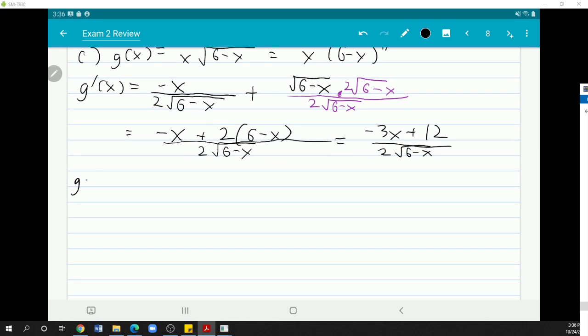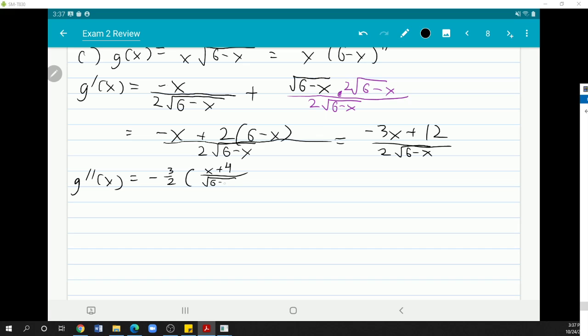And then g double prime of x, now I can do quotient rule for the derivative, or I can try writing this as first minus 3/2, and then I have x plus 4 over root 6 minus x.